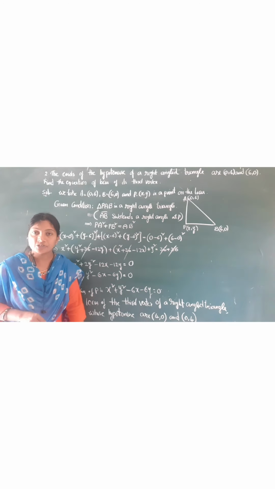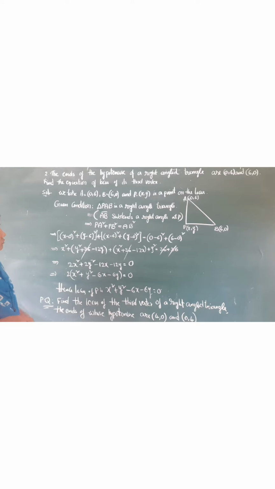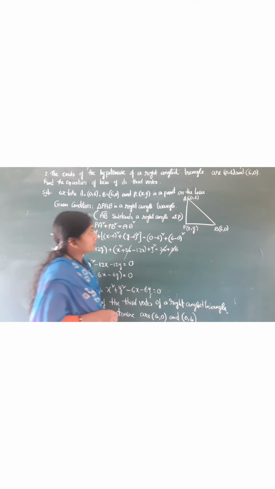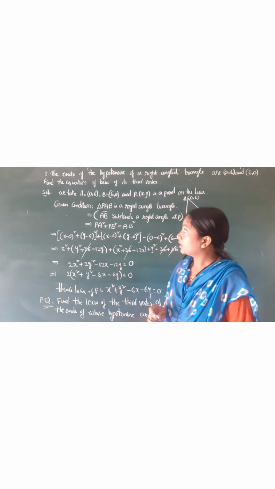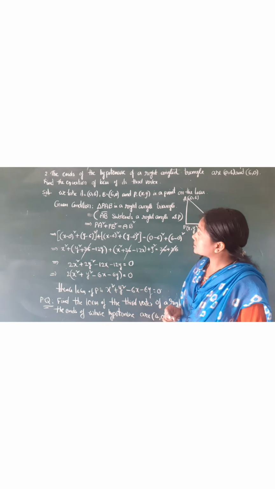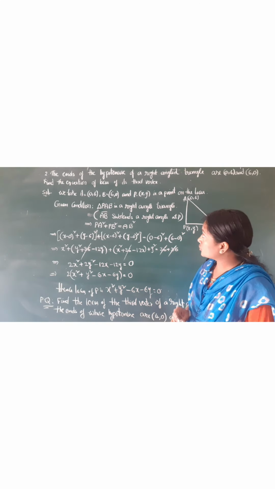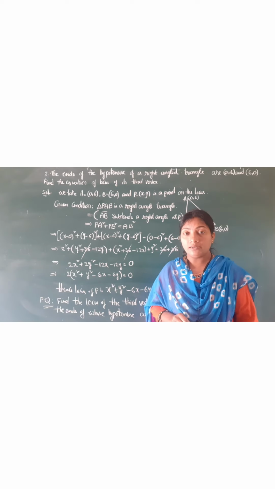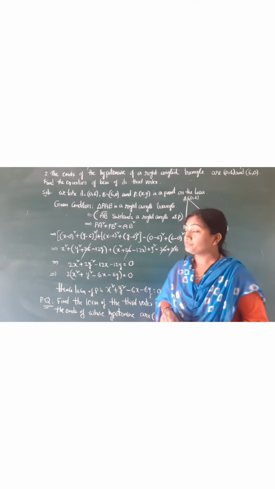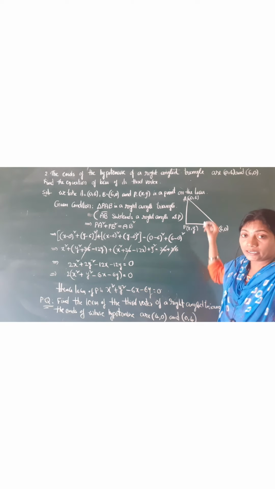Let's look at the next question. The ends of the hypotenuse of a right angled triangle are 0, 6 and 6, 0. Here, the ends of the hypotenuse means what? Where does it exist in a right angled triangle? So we have to take a right angled triangle.